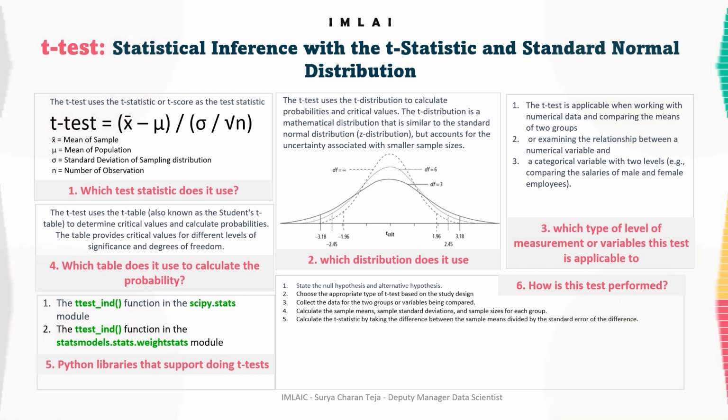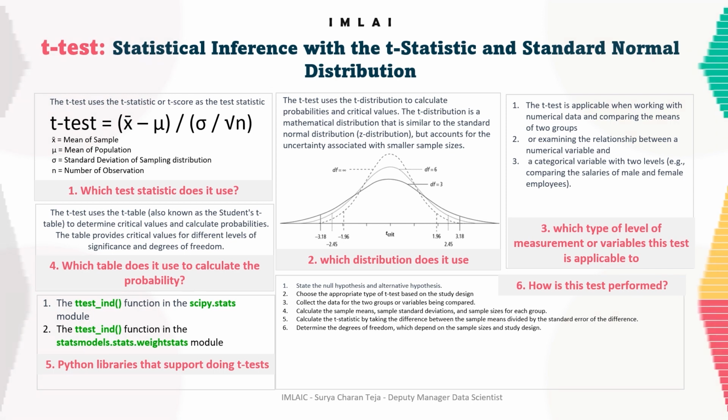Then calculate the t-statistic by taking the difference between the sample means divided by the standard error of the difference. Then determine the degrees of freedom, which depend on the sample sizes and study design.